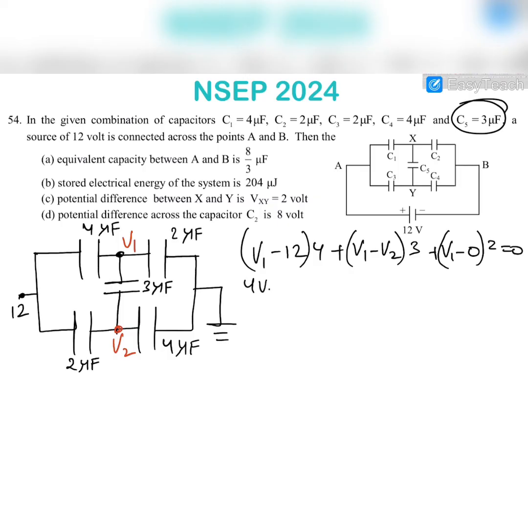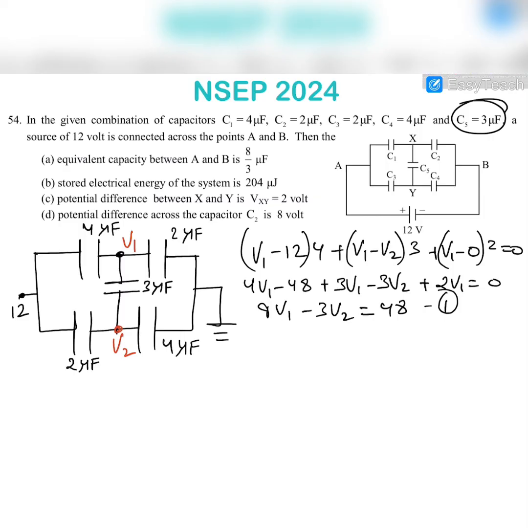So 4V1 minus 48 plus 3V1 minus 3V2 plus 2V1 is equal to 0. So 9V1 minus 3V2 is equal to 48, first equation.